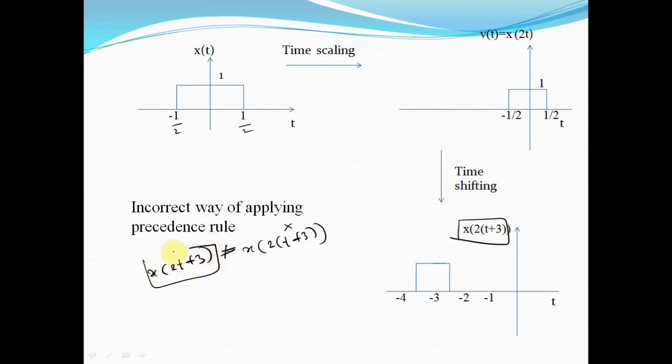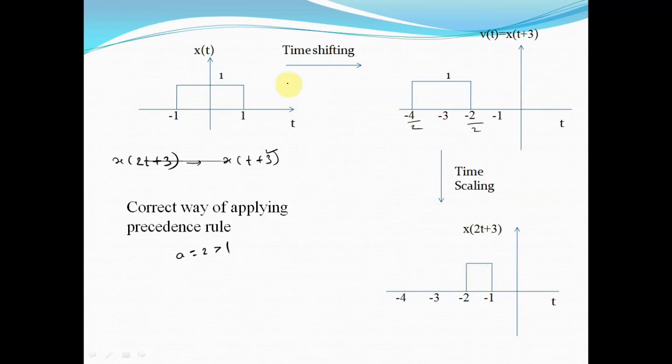We are interested in this signal. So when we apply the precedence rule in an incorrect way, you get a different signal, and therefore according to the rule, first you have to go for time shifting and then for time scaling operations. This is all about the precedence rule.